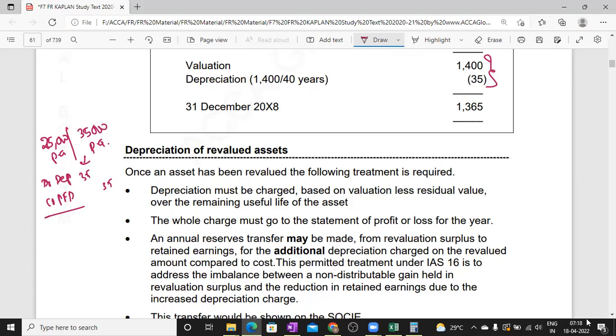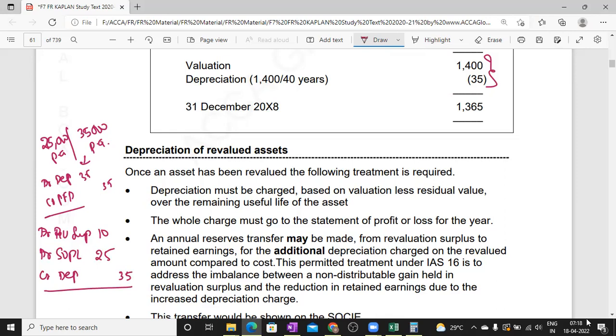But out of the 35,000, 10,000 is created because of revaluation, nothing but the increase in value of an asset. That additional depreciation created is transferred to revaluation surplus, not to the P&L. Then what is the entry? Debit revaluation surplus, debit statement of profit and loss, credit depreciation. Total 35,000; normal depreciation 25,000 regularly created, but the 10,000 extra is created because of revaluation.